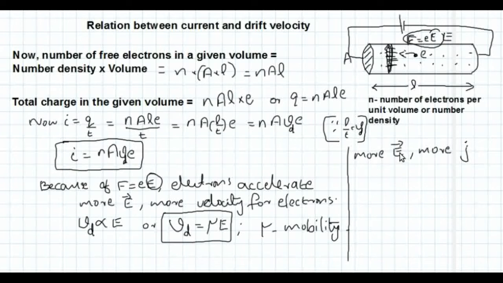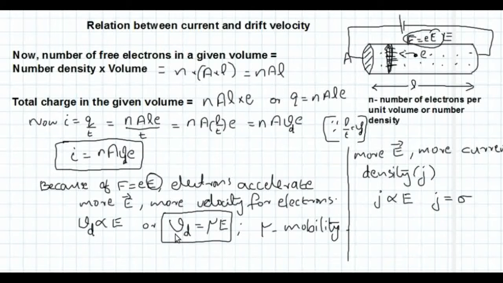So the more the electric field, the more is the current density. So when we increase the potential, or when we increase the electric field, there is more current density. That means more electric field means more current density J. Therefore we can say J is proportional to E, the strength of the electric field.